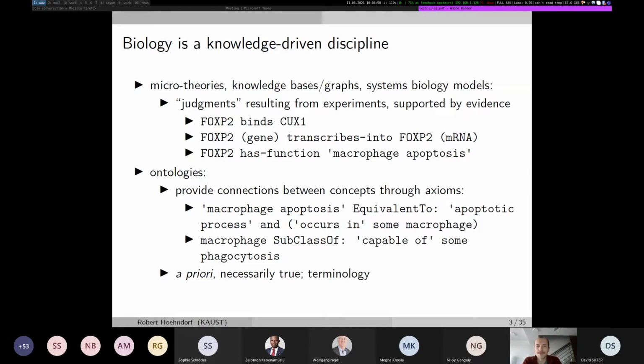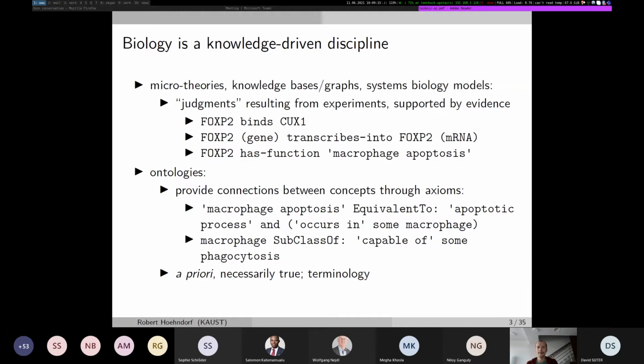I'm not sure if it's true, it's an example here, but macrophage apoptosis is a biological function or a process that a priori we can define using axioms. These axioms occur like this in the gene ontology. So macrophage apoptosis is equivalent to an apoptotic process which occurs in a macrophage.